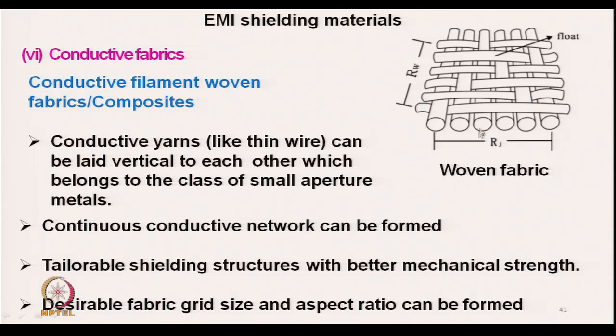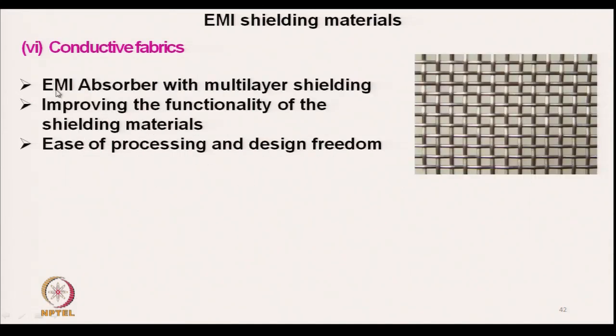Desirable fabric grids: we can engineer the grid size, and the aspect ratio of these grids we can create as per our requirement. EMI absorber with multilayer shielding, improving the functionality of the shielding materials, ease of processing and design freedom. All these are the advantages of conductive fabrics.